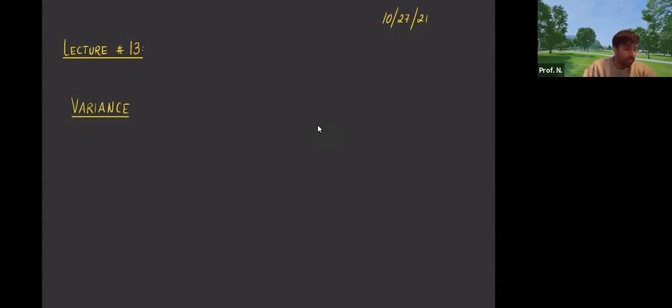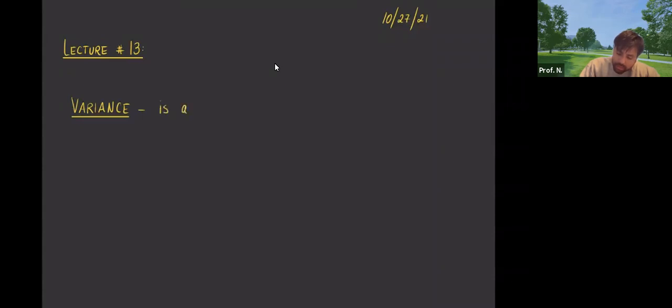So the variance is a way to determine how spread apart the values are of a random variable. So this number is a measure, I should say.